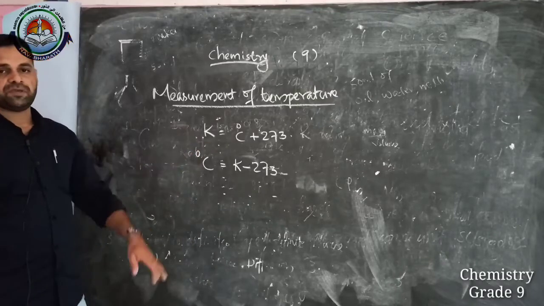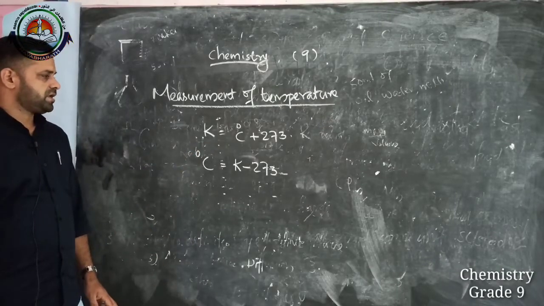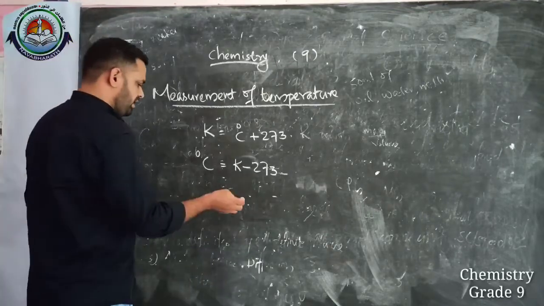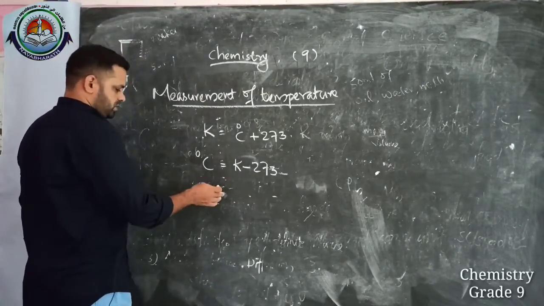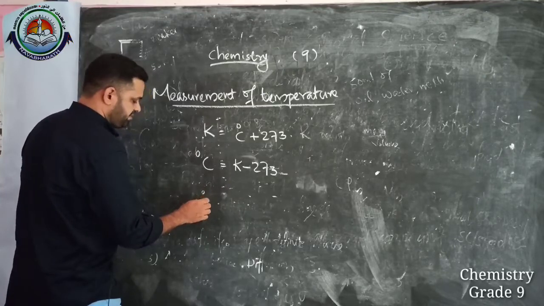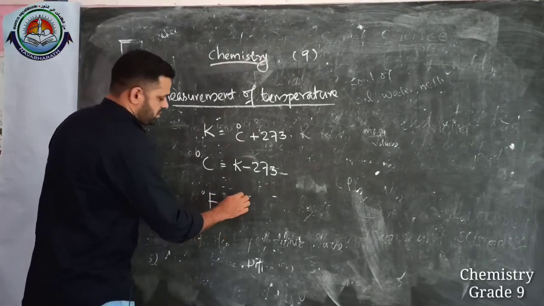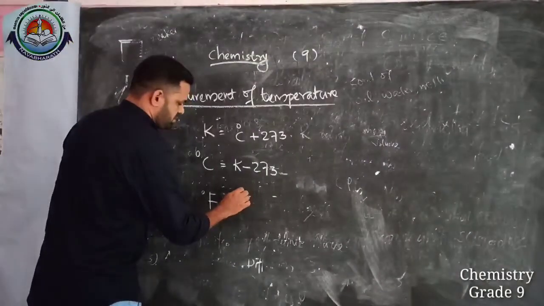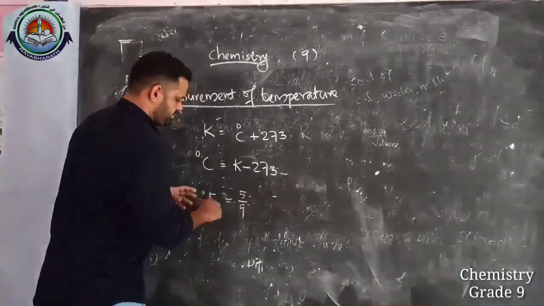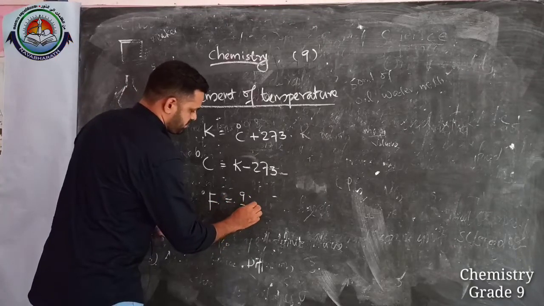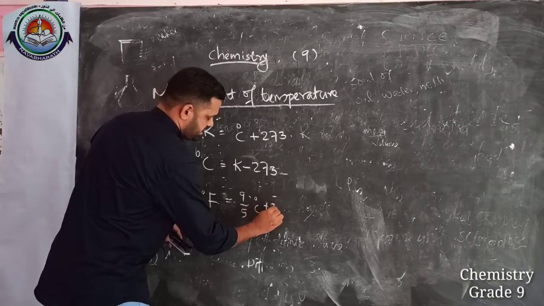Based on this we can do some numericals. There is also a Fahrenheit scale, which we can represent like this: Fahrenheit is equal to 9 by 5 degree Celsius plus 32.